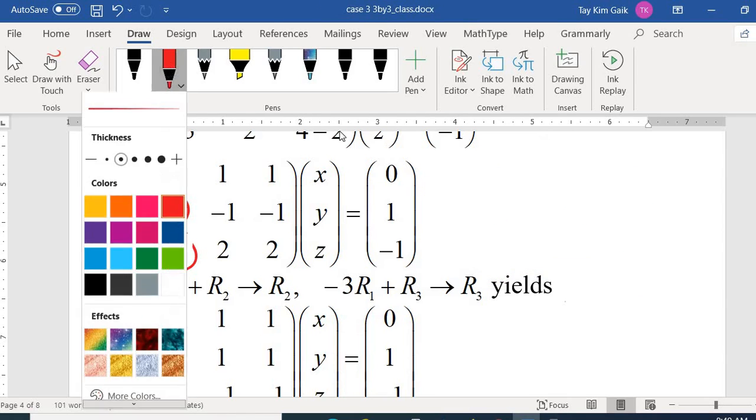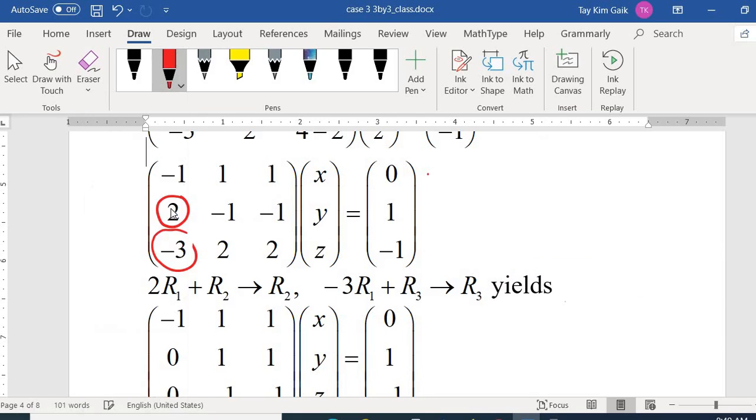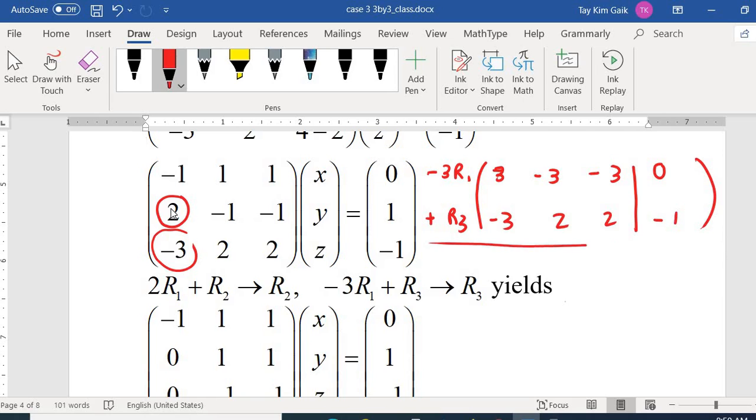Negative 3 row 1 gives positive 3, negative 3, negative 3, right-hand side 0, add up with row 3, which is negative 3, 2, 2, negative 1. So 3 minus 3 is 0, negative 3 plus 2 is negative 1, negative 1. This is the latest row 3. Put it here.